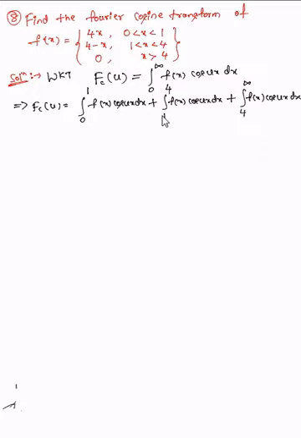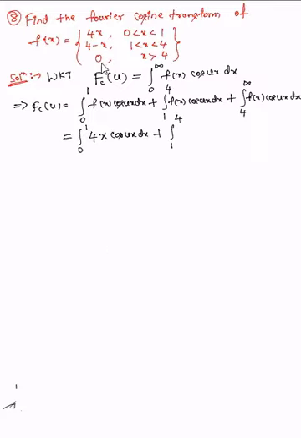Now in the respective interval, let us substitute the function and integrate, and we get the cosine transform. Now in 0 to 1, what is the function? In 0 to 1, the function is 4x. Let us put 4x here. So this is equal to integral 0 to 1 4x cos ux dx, plus the second one, integral 1 to 4.